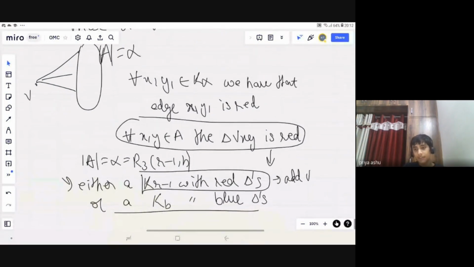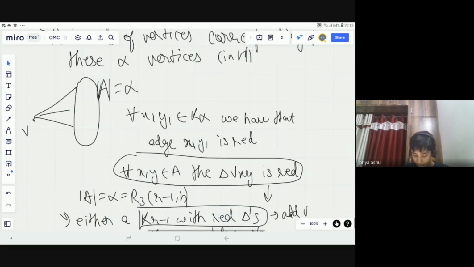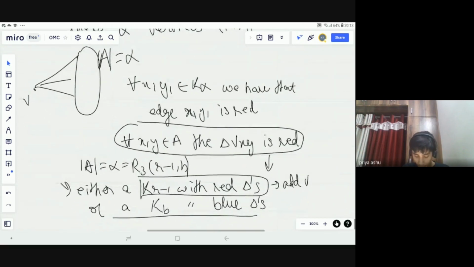Are there any questions with this proof? No questions? Everyone comfortable with this? Are there any questions you can ask?